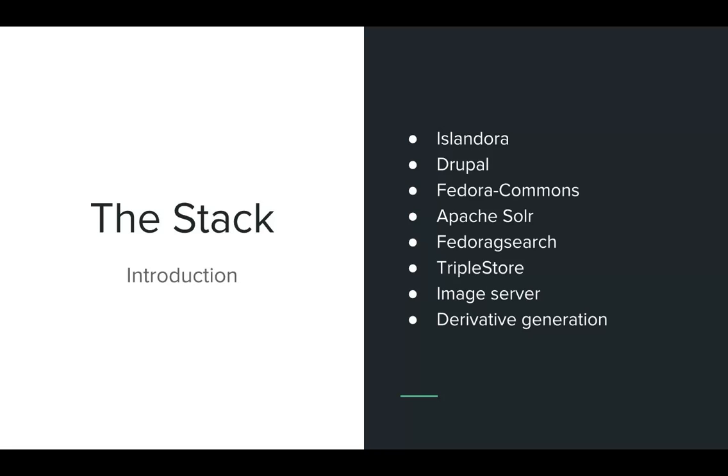Islandora itself utilizes Drupal as a platform and is made up of a number of modules and libraries that provide user experience and a wide range of functionality. Islandora needs to be able to access the Tomcat containers that house the Fedora Commons repository as well as Solr. Generally, you would access them over port 8080 or 8443.